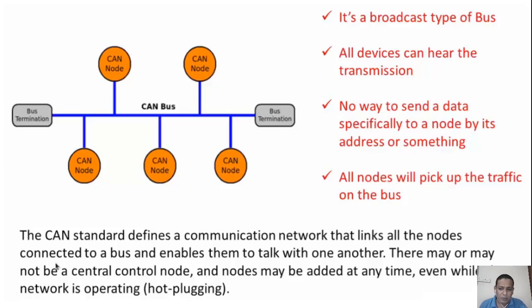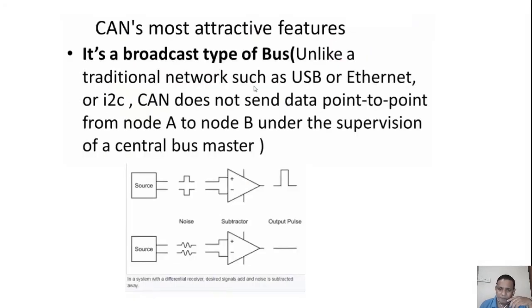There may or may not be a central control node, and nodes may be added at any time. That is, if I want to add another node here, I can add it while the network is operating. Even if it is working, I can add another node. That is, we can have hot plugging.